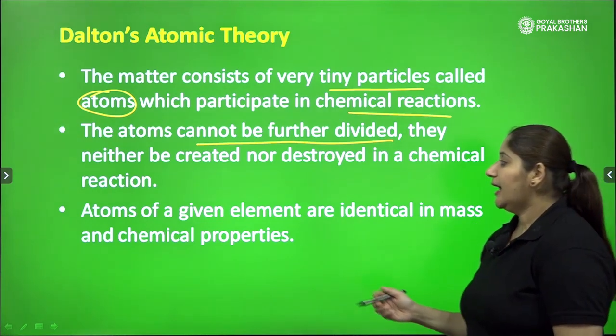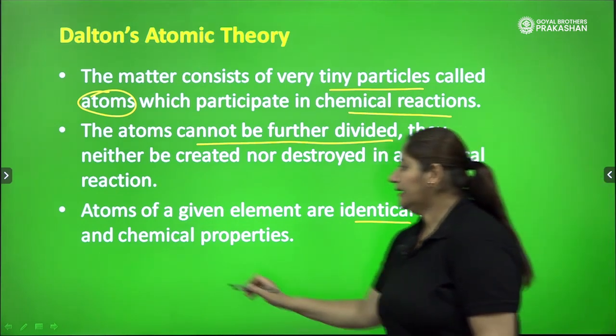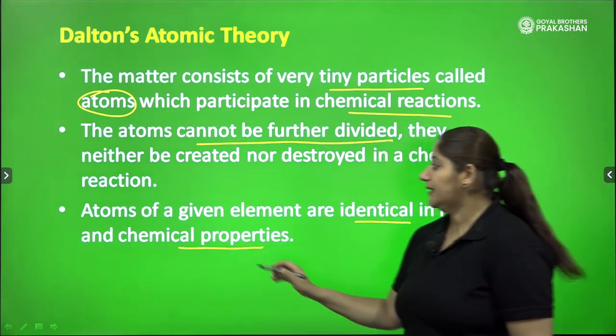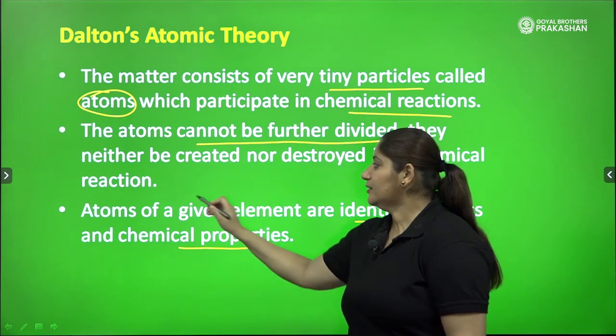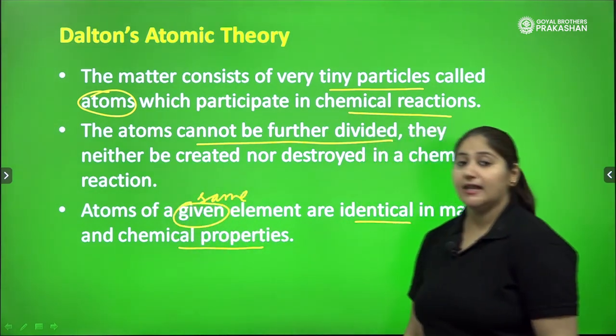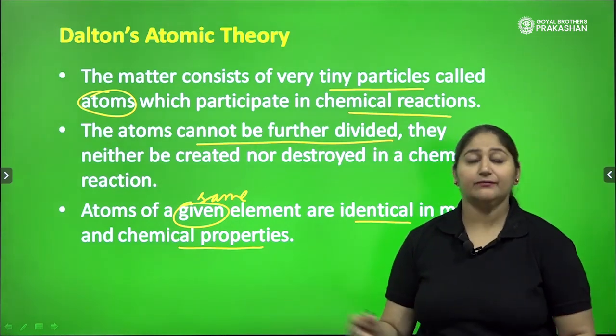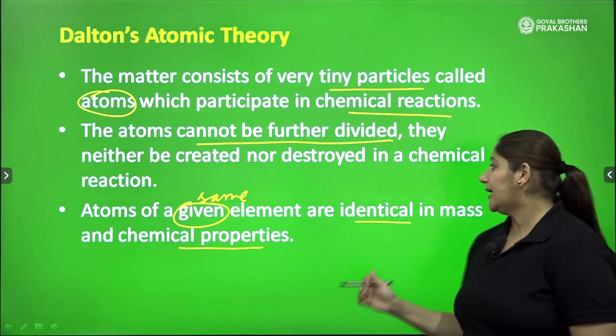He said atoms of a given element are identical in mass and chemical properties. Means if there are atoms of the same element, or a given element, definitely they should have the same properties and the same mass.